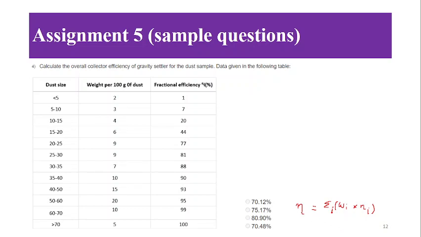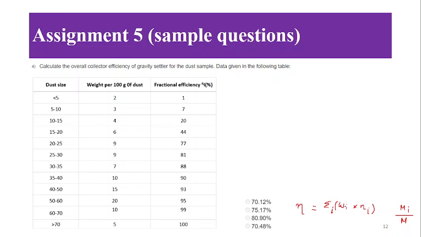So what we do here is we sum all these fractions, the weight of these fractions into the fractional efficiency. This Wi is basically mass or weight of the fraction per the total mass. So here the total mass is 100 gram and the weight of the fraction is 2 for the first fraction. So mi by m for first fraction will be 2 by 100, so it will be 0.02.